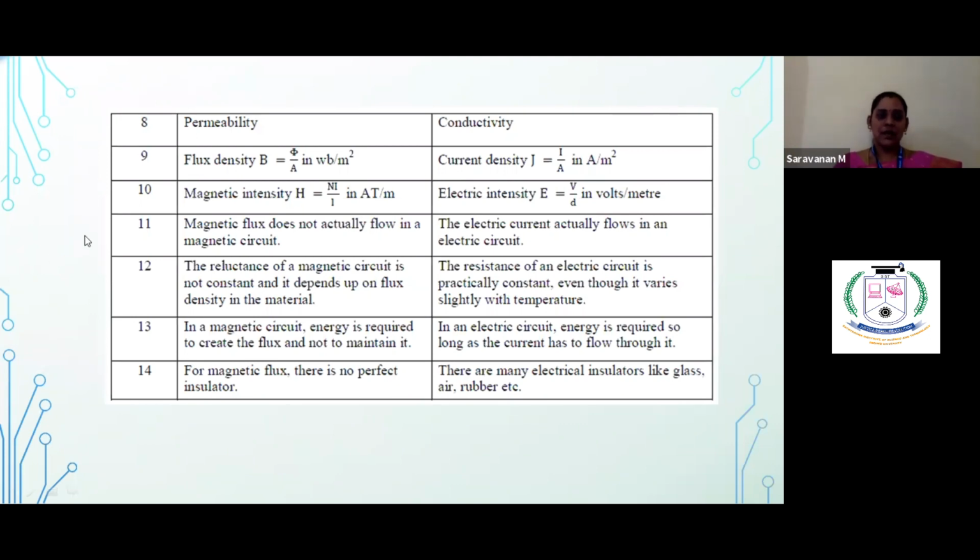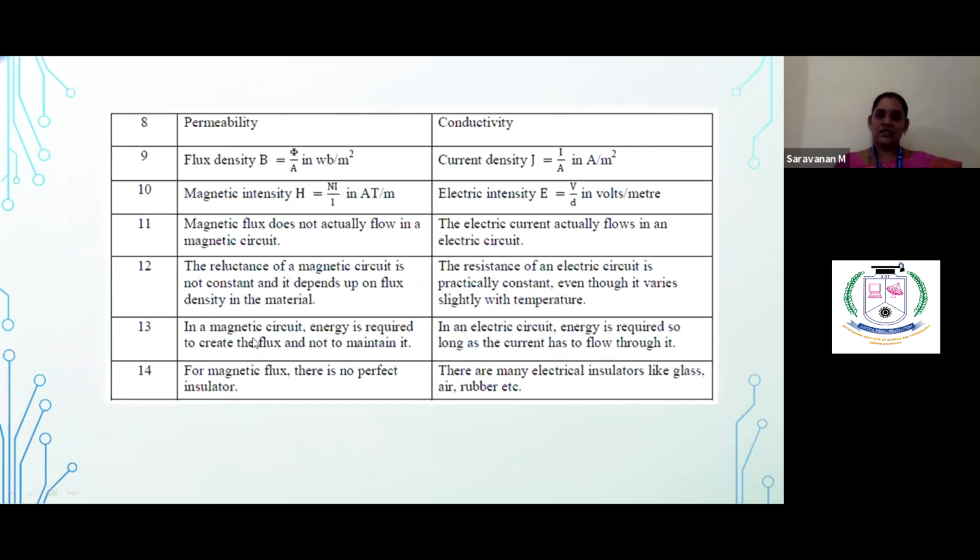Now from serial number 11 to serial number 14, it shows the dissimilarities between your electric and magnetic circuit. So what are the dissimilarities? Here magnetic flux is just set up, but in the electric circuit, current starts flowing through it. The reluctance of the magnetic circuit is not constant, but the resistance of the electric circuit will be partially constant.